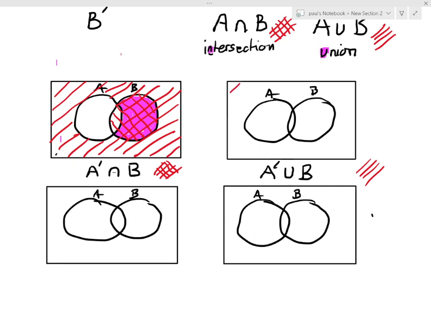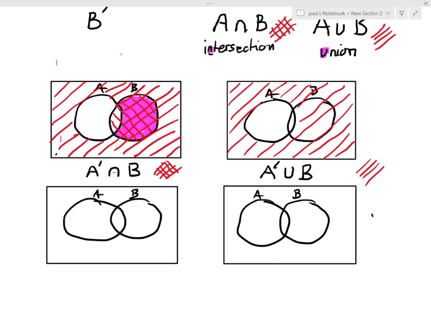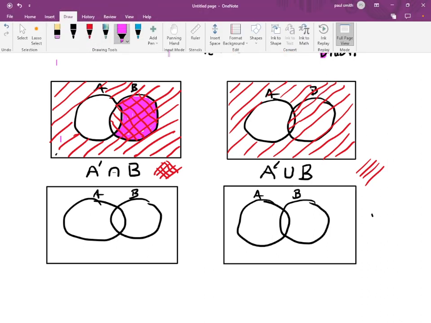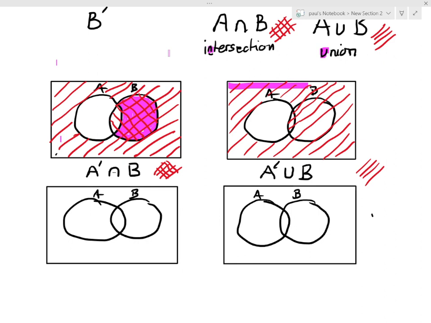Union, not in A. Not in A. And everything in B. So everything in B includes that little bit there. So now that area is the one that's represented here.